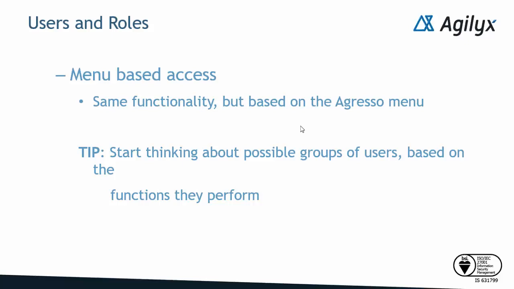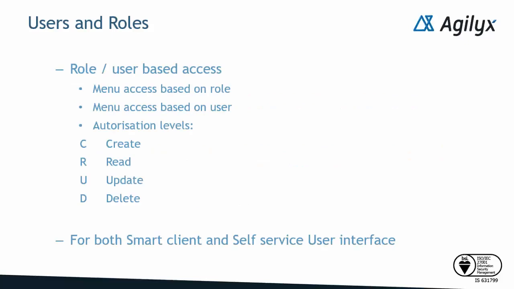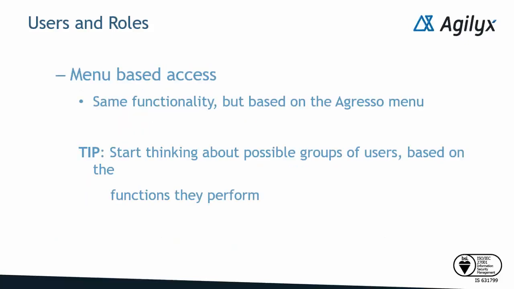As I said, menu-based access is the same functionality, but based on the Aggresso menu. Before it was role access. This is menu-based access. Start thinking about possible groups of users based on the functions they perform. When you're implementing Aggresso, you need to think about possible groups of users and standardize most of the access.